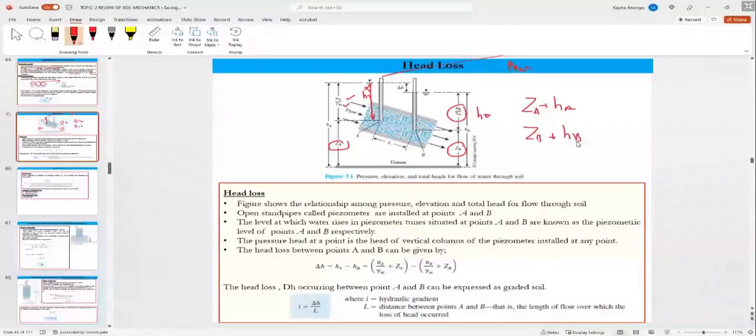Now the difference between the total head at points A and B will be delta H, the difference in piezometer readings. This difference in piezometer reading is the head difference. That head difference over the length between the two columns gives the hydraulic gradient.